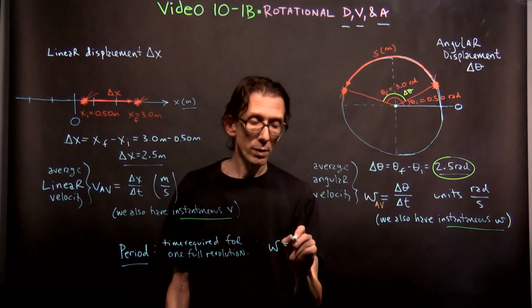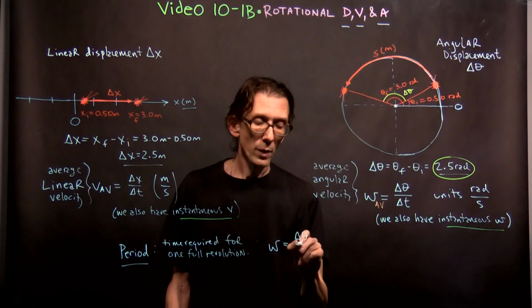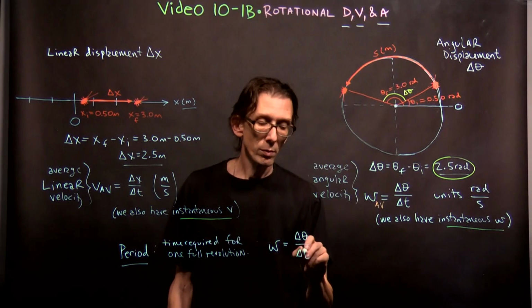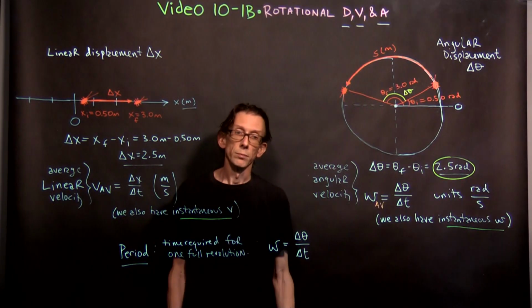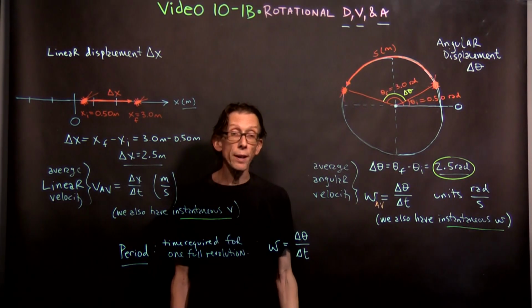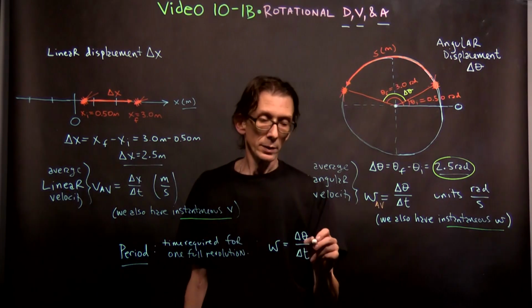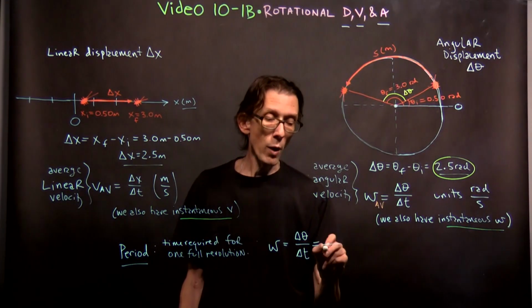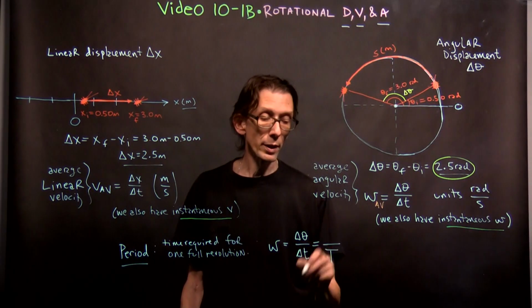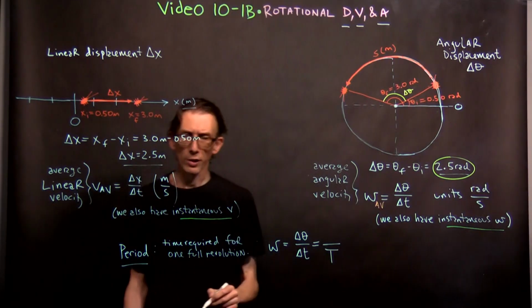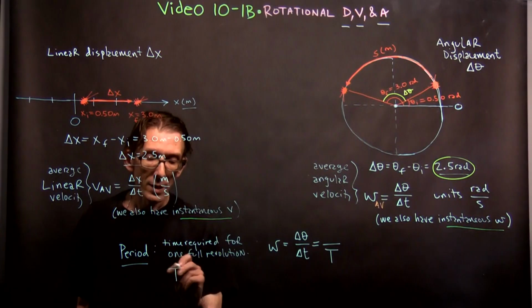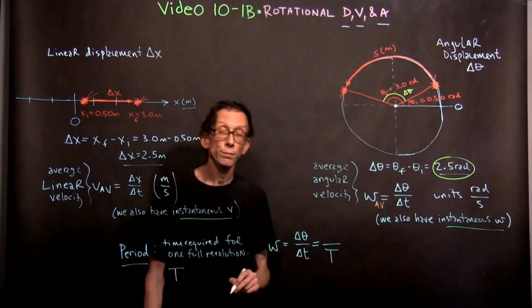So it's delta theta over delta t. So in one period, how far does he go? If we set the time to one period, and the period has a symbol T, I should have said that. T, period has a symbol T.